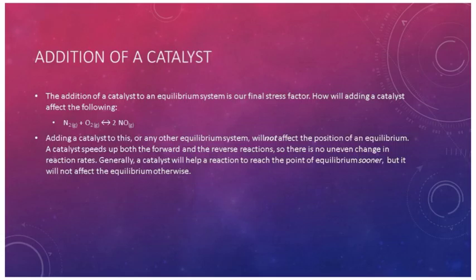The addition of a catalyst to this, or any other equilibrium system, will not affect the position of the equilibrium. A catalyst speeds up both forward and reverse reaction, and there is no uneven change in the reaction rate. Generally, a catalyst will help a reaction reach a point of equilibrium sooner, but will not affect the equilibrium otherwise.